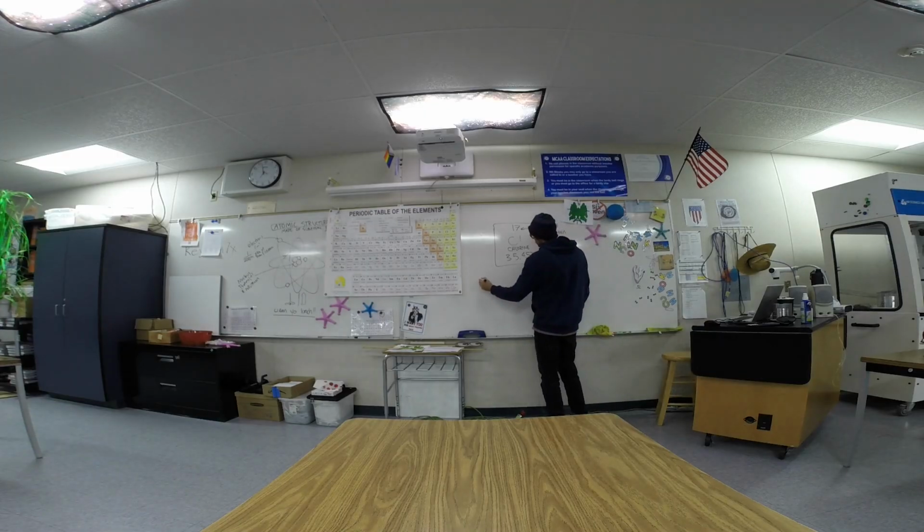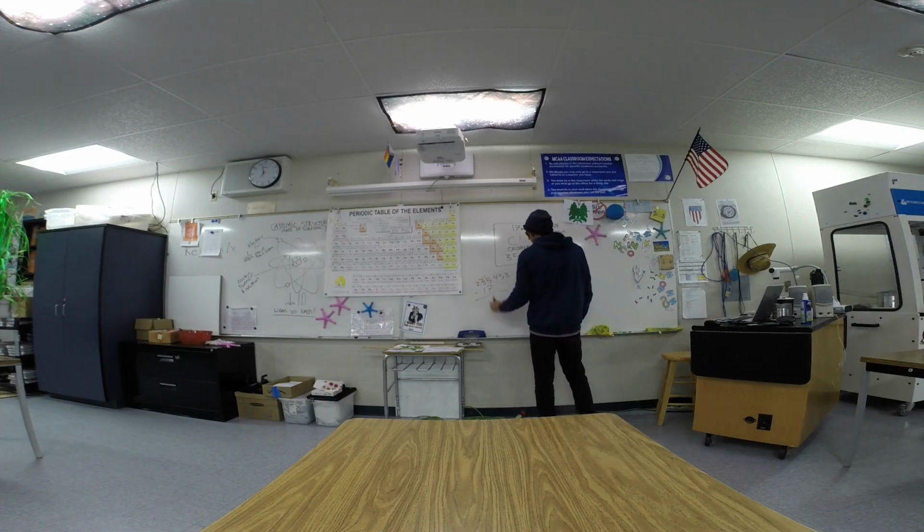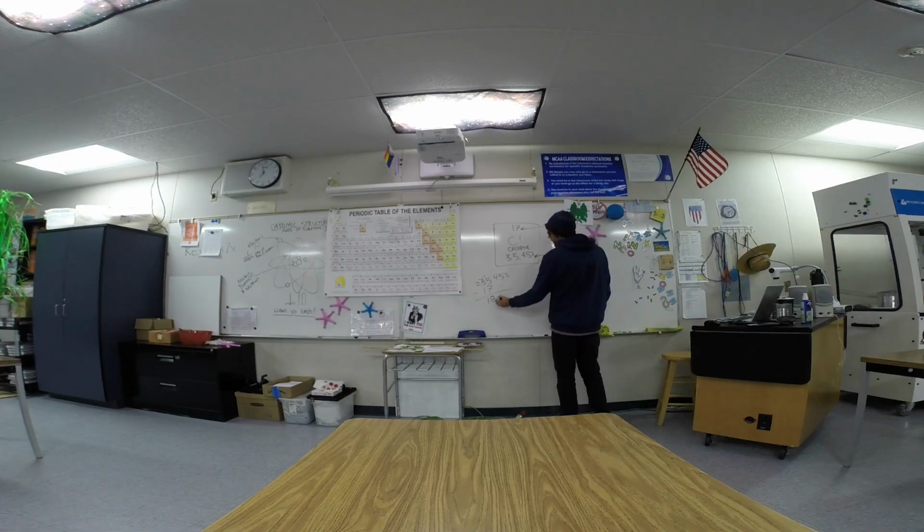So let's do it. 35.453 minus 17: 15 minus 7 equals 8, 2 minus 1 equals 1. So 18.453.